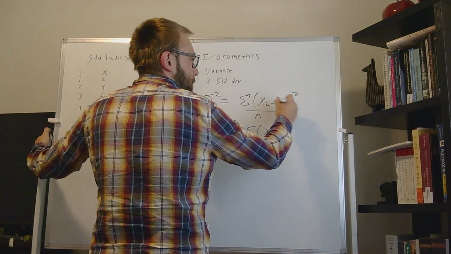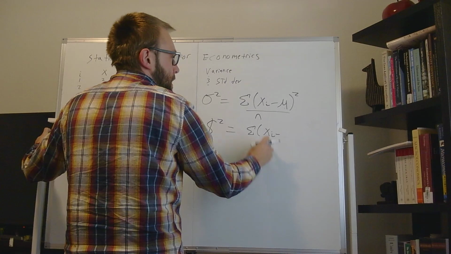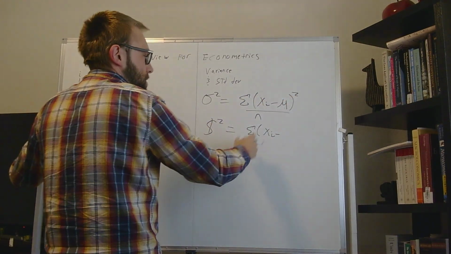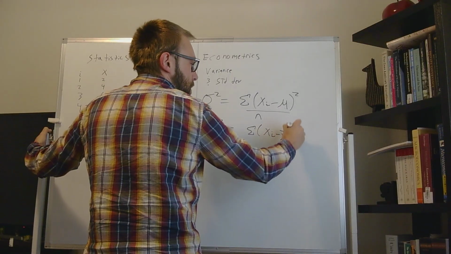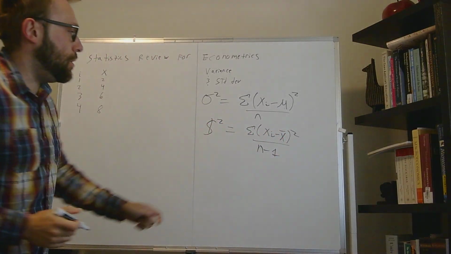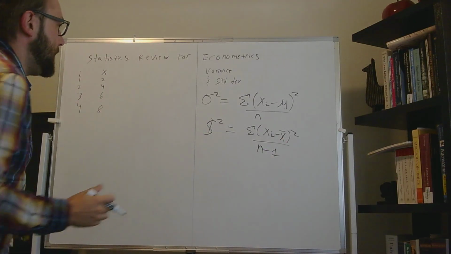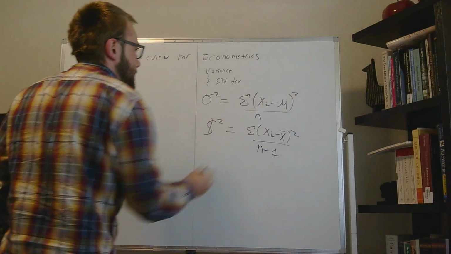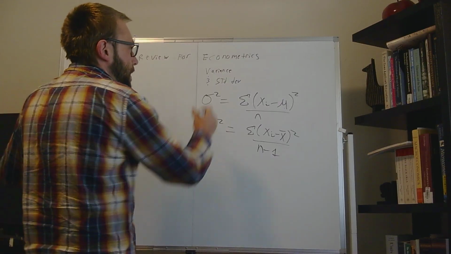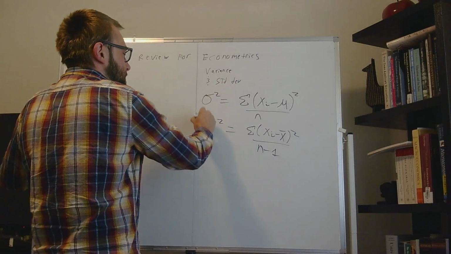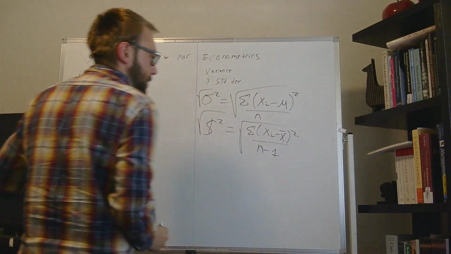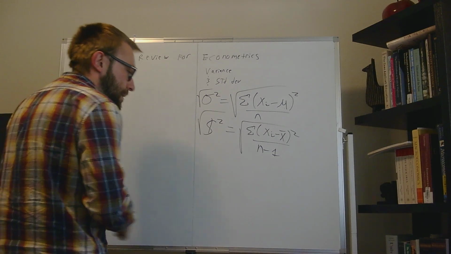So this will be mu, the population mean, so it's whatever x value minus the population mean that we're observing, versus this is x bar squared over n minus 1. And so x bar here is a sample mean, and then mu is the population mean. So that's the difference. And to simply grab the standard deviation, so these are variances, all we do is just take square roots. So nice and easy there.